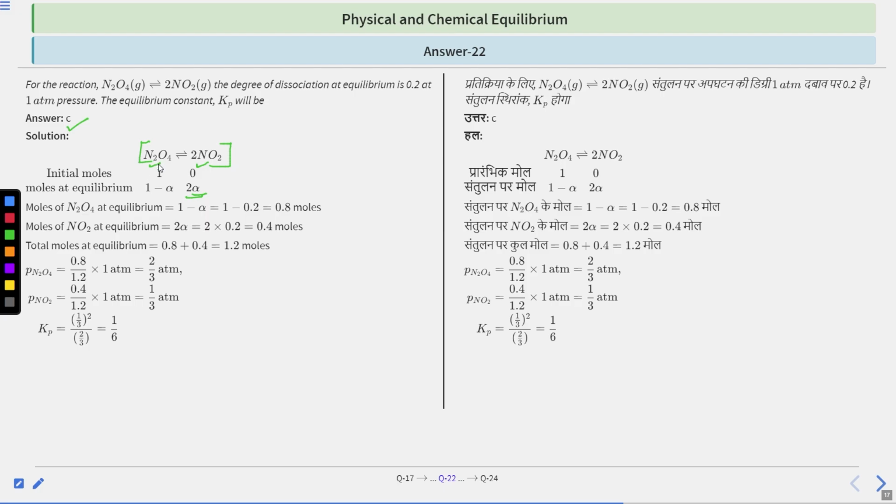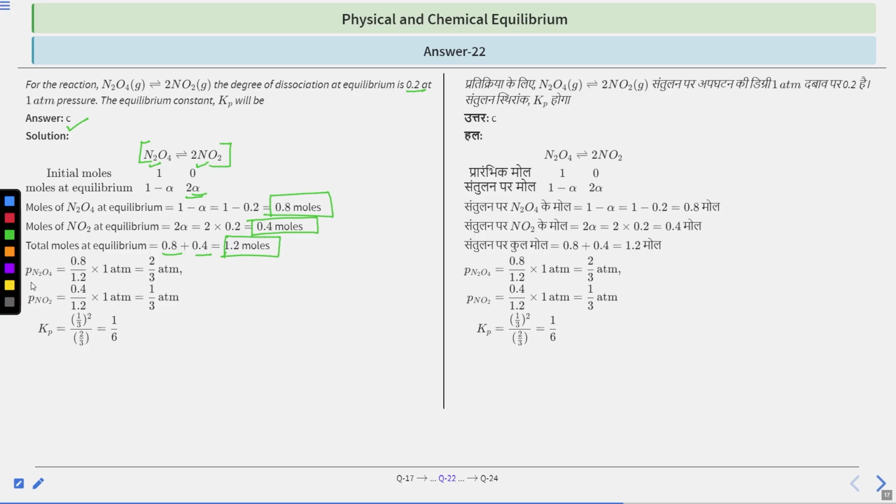The moles of N2O4 at equilibrium is 1 minus alpha, and alpha is given as 0.2. So 1 minus 0.2 is 0.8 moles. Similarly, moles of NO2 at equilibrium will be 2 alpha, 2 into 0.2, which is 0.4 moles. Now, total moles at equilibrium is moles of N2O4 plus moles of NO2, 0.8 plus 0.4, which is 1.2 moles.